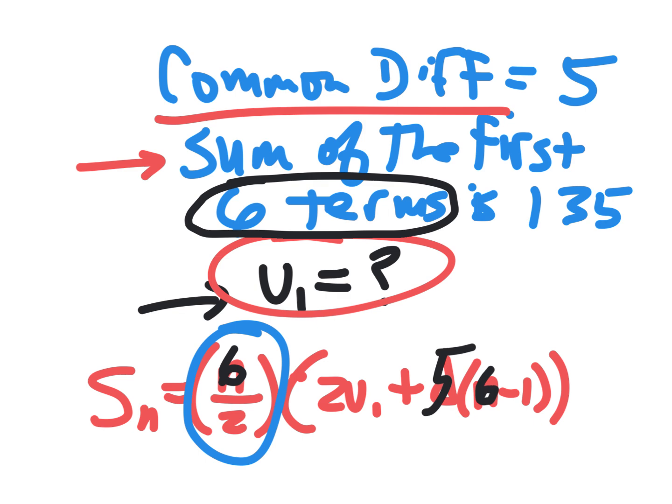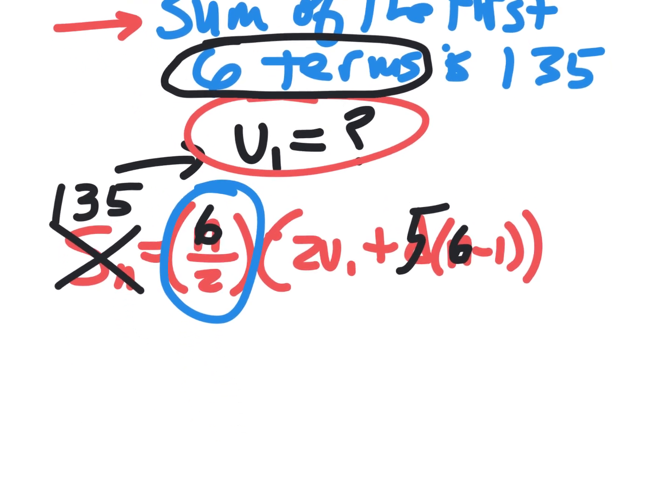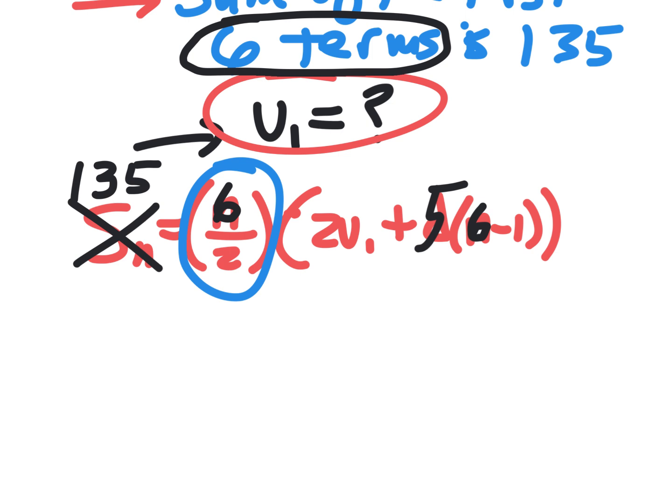And that leaves the 135. That's what this whole thing is supposed to add up to. I would put it right there. Now I know that looks super hard, but after you do a couple little simplifies, I mean, y'all know what 6 divided by 2 is. It's 3.